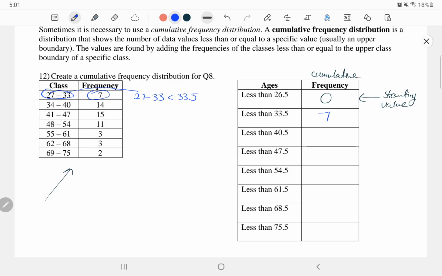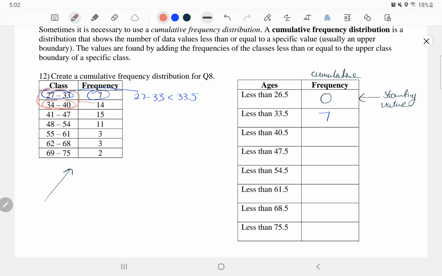The next one, values that are less than 40.5. Well, if you notice here, 34 to 40, put that in red actually, 34 to 40 is less than 40.5. However, the first class of 27 to 33 is also less than 40.5.